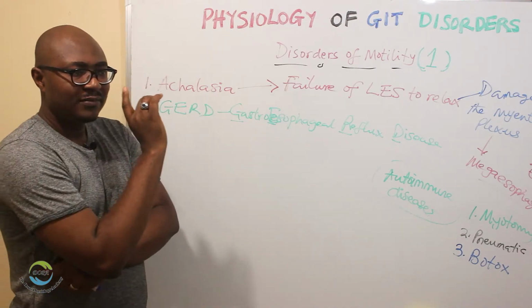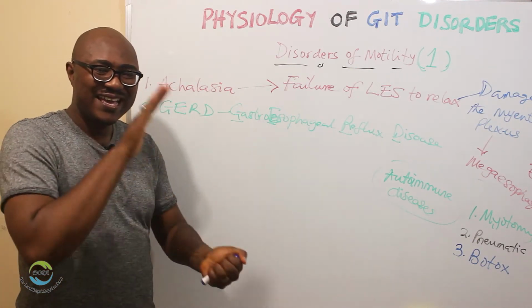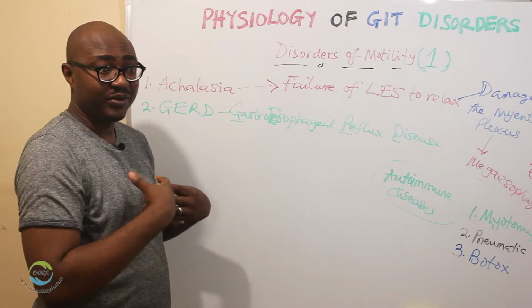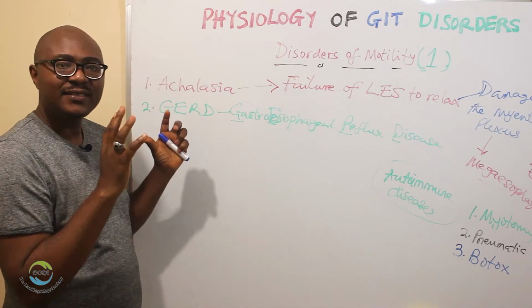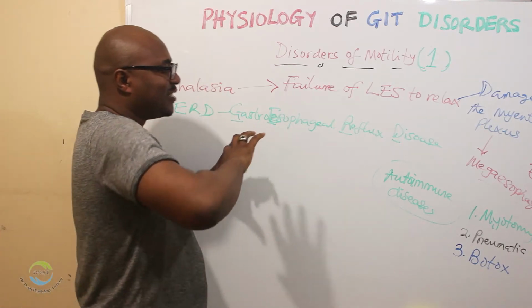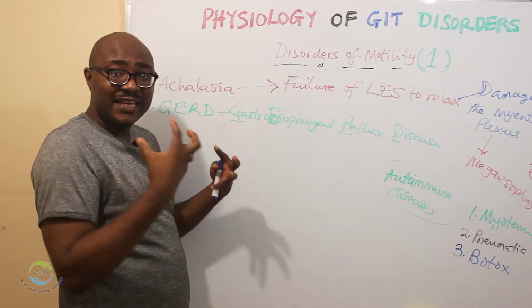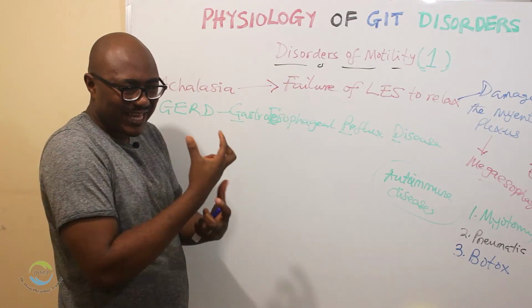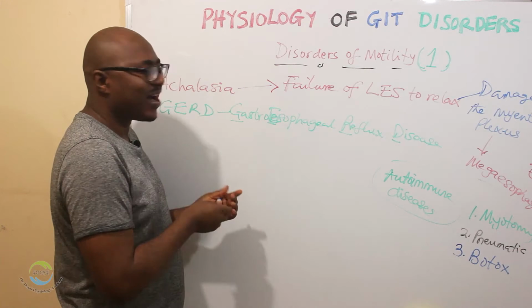Now, as you already know, the stomach is where a lot of acid is released. Very concentrated acid. But because the stomach is designed to do that, it has protective mechanisms that guard against the corrosive effect of hydrochloric acid.